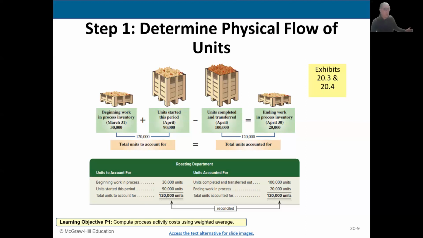In other words, on April 1st, I started with 90,000 units. Before April 1st, I already had 30,000 in beginning work in process inventory. So in other words, I need to add together my total work in process inventory, which is 120,000 units.